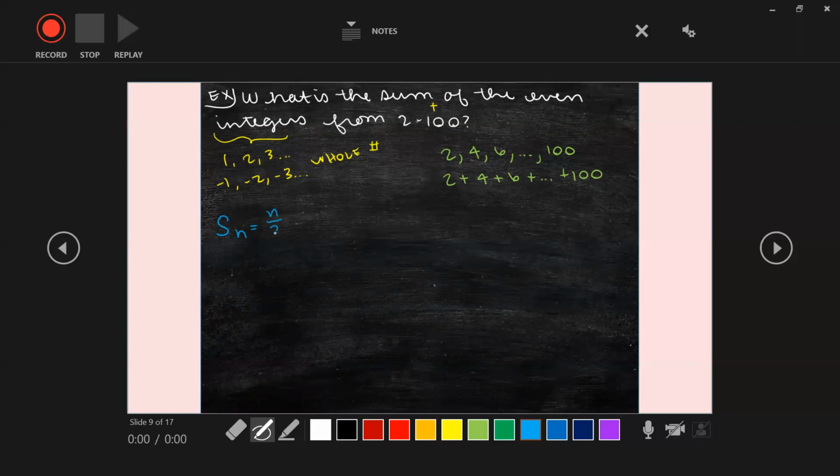A sub 1 plus what? A sub n. Very good. So we just said that we are looking for some sort of n, some sort of a sub 1, and some sort of a sub n.